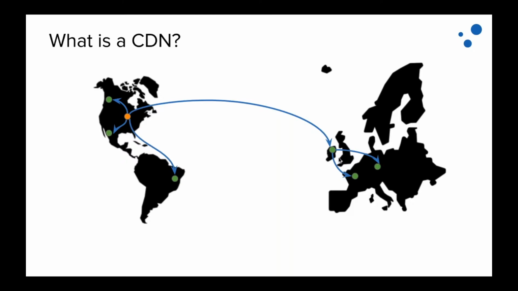The green dots are the points of presence, and we're going to call them POPs for the rest of the presentation. And the arrows represent the network. So basically, a content delivery network is a network that delivers content worldwide.